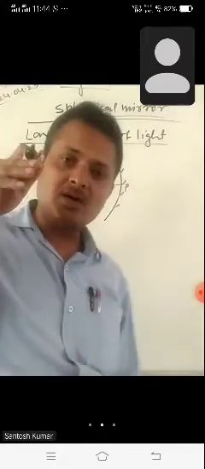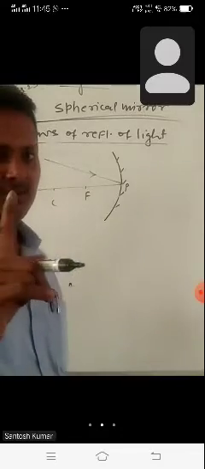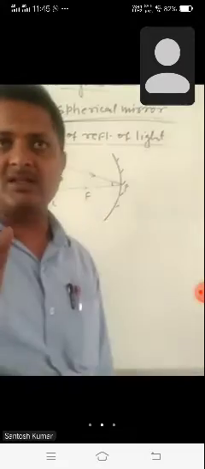Now the light ray is directly incident on the pole. The light ray is coming and incident at the pole. So this point is also the point of incidence. When the point of incidence is joined, it behaves like the normal. It means this principal axis is behaving like the normal.